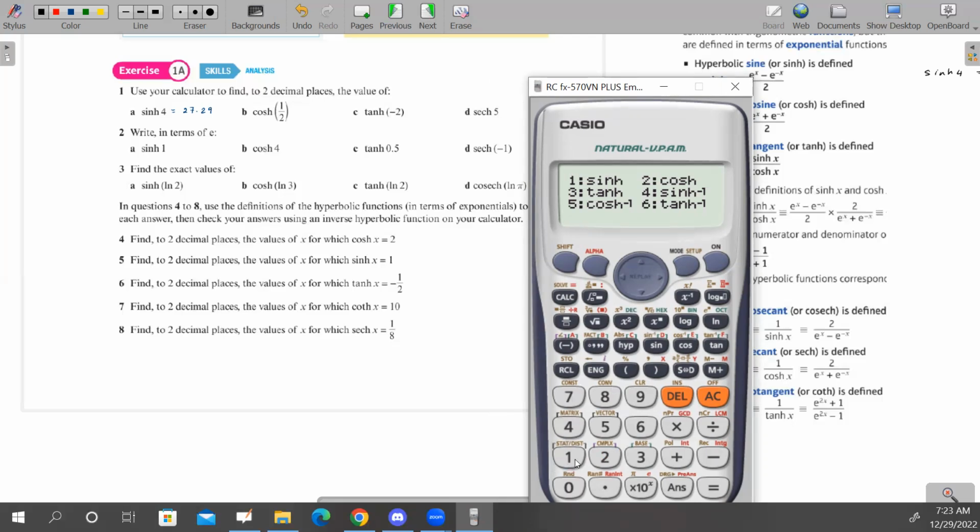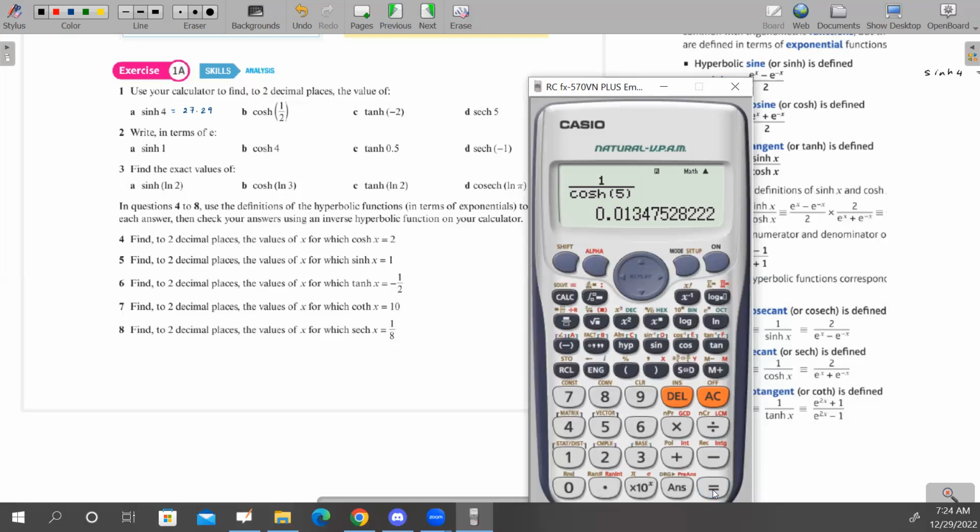So all you have to do is give 1 over, then press hyp and go for the cosh function, because you can't directly give sech in the calculator. So 1 over cosh 5, in other words, sech 5.